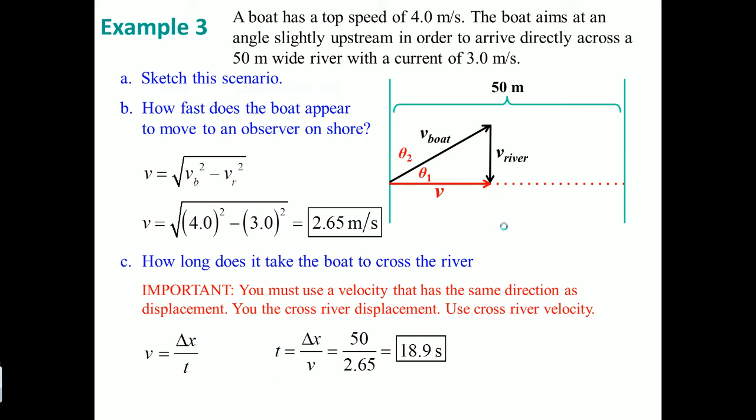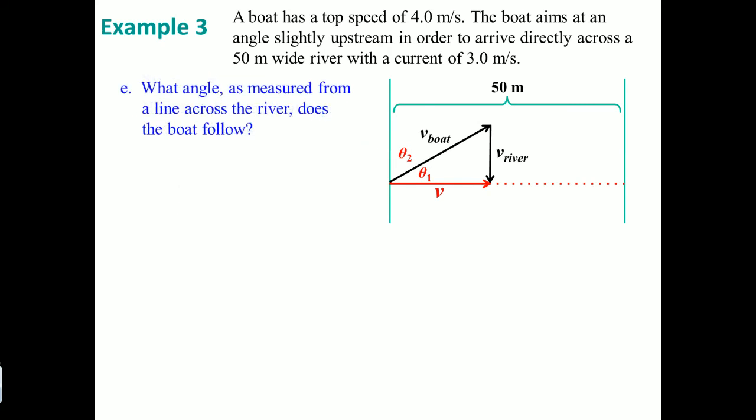Good. If you want to know the angle, you have your opposite, which is down here, and the v of your boat was your 4. So this is your opposite, and this is your hypotenuse.